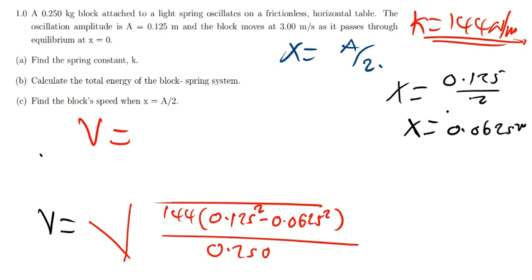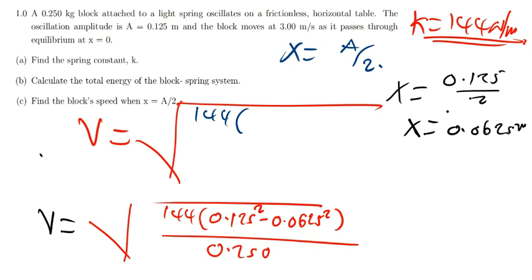So the answer I'm getting is, let's see first. We're going to have the square root here. Then I'll say 144, open brackets, 0.125 squared minus 0.0625 squared.